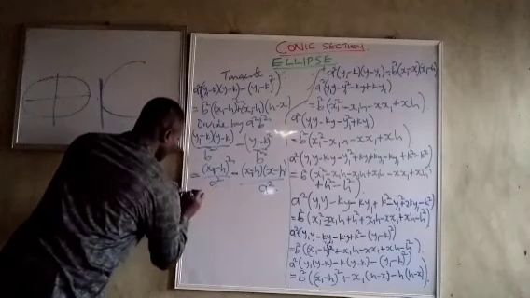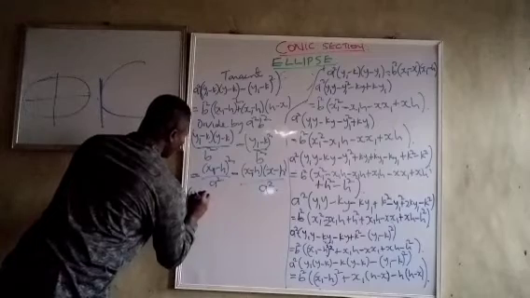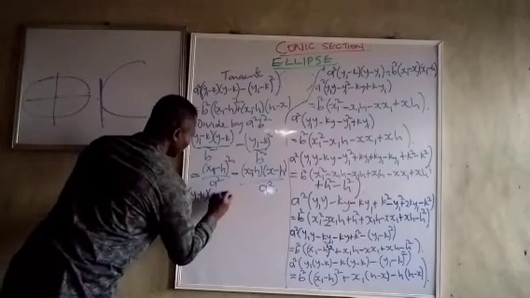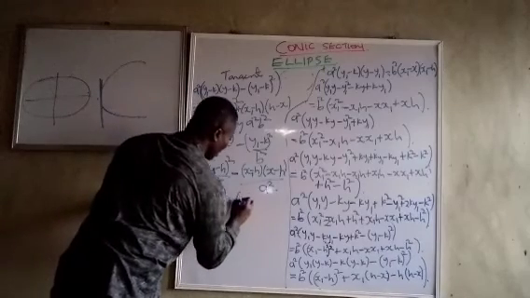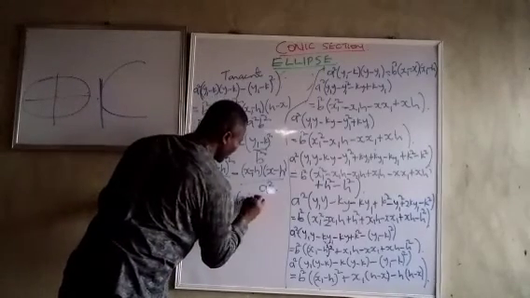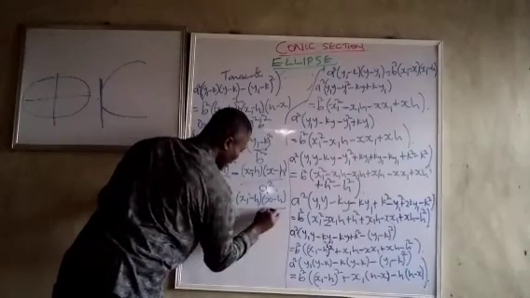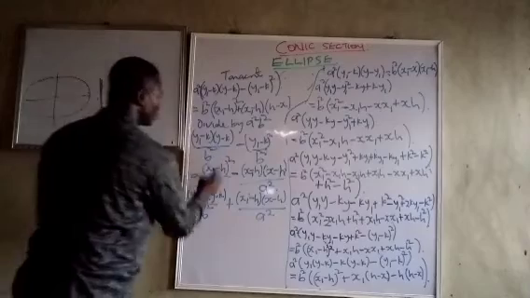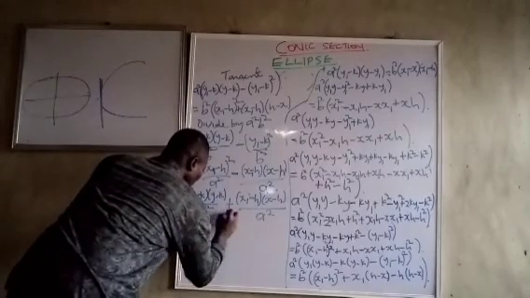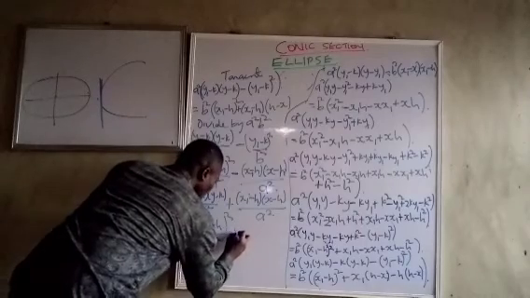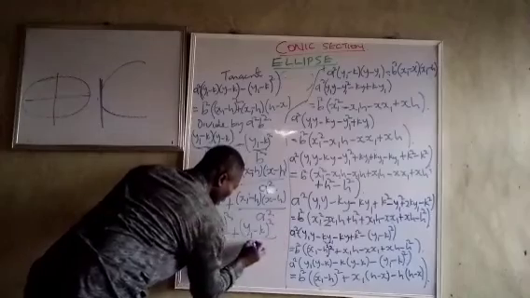So let's look. It's going to give us y1 minus k into y minus k over b squared plus x1 minus h into x minus h over a squared is equal to x1 minus h all squared over a squared plus y1 minus k all squared over b squared.